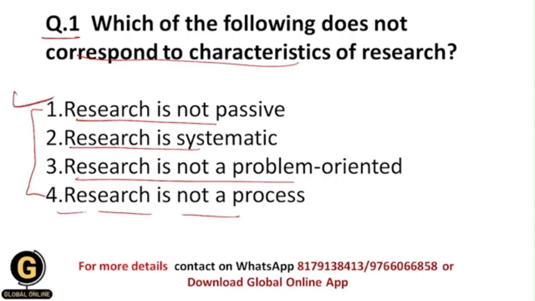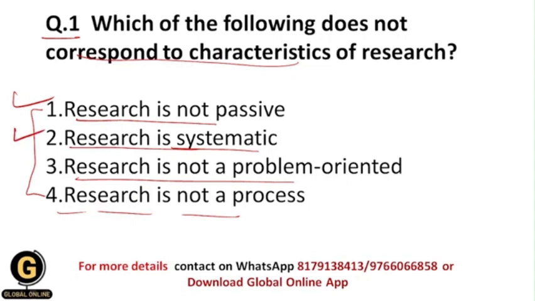And research is always systematic. It means that we properly follow step by step in the research process, and these steps are nothing but the overall scientific method, and that's why research is always systematic, which is again a characteristic of research. Research is not problem oriented.